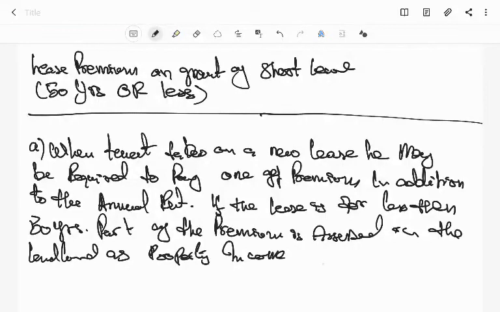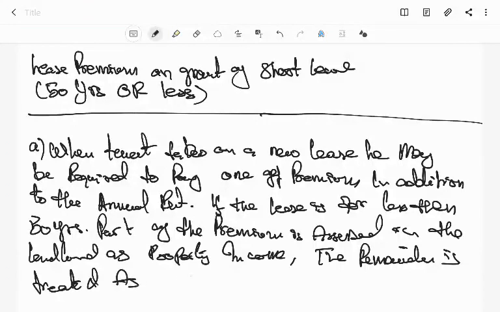The remainder is treated as a capital receipt.